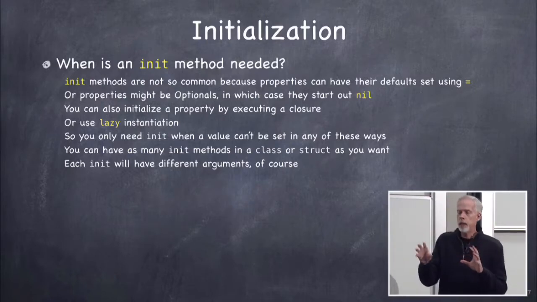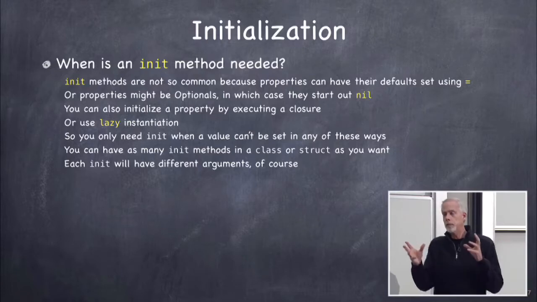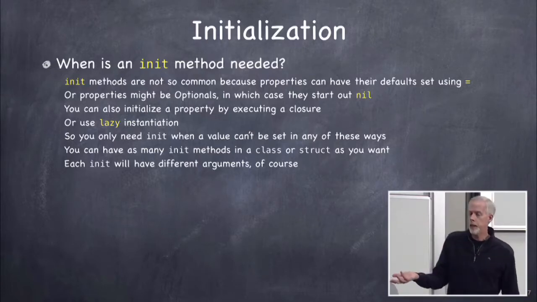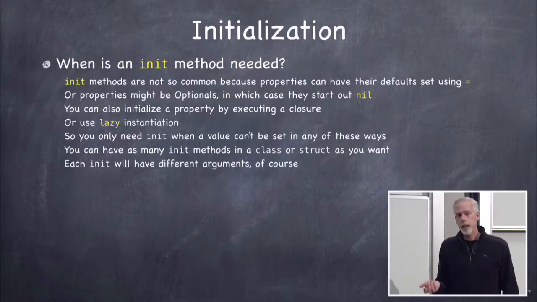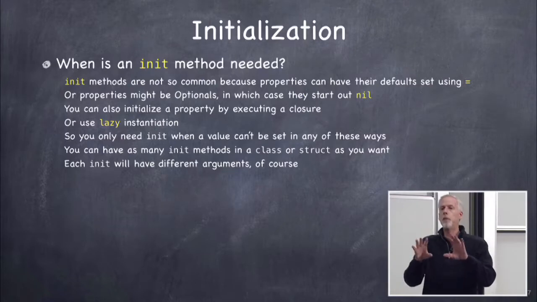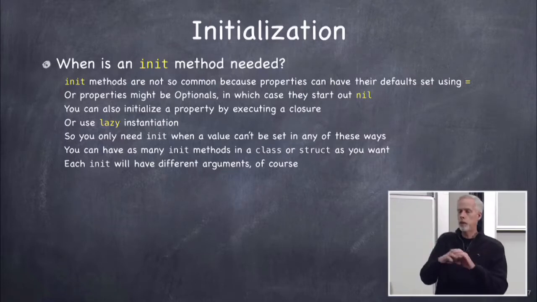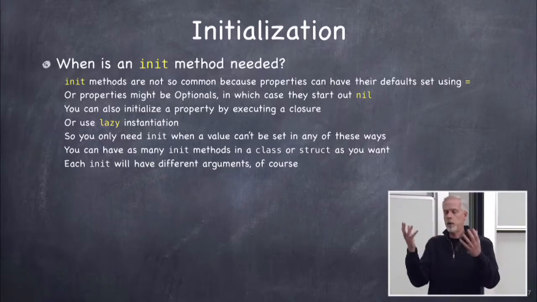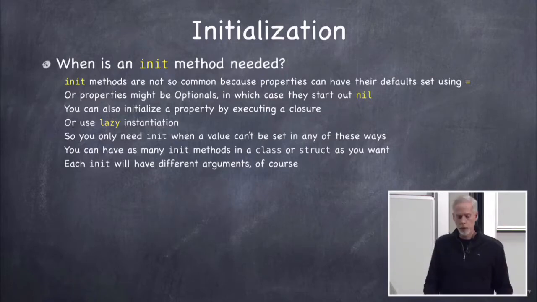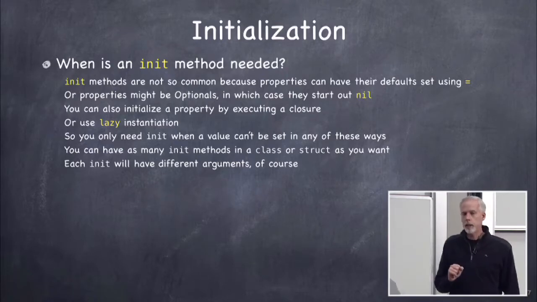Okay, all those are taken care of, and if there's one left or more than one left, then we need an initializer to initialize it. And they're kind of a pain in the neck, especially for classes. For structs, they're not a pain in the neck. They're perfectly fine. With a struct, you just have an init with whatever arguments you want and initialize your variables. It's all very, very simple. But for classes, it's a little bit more complicated.